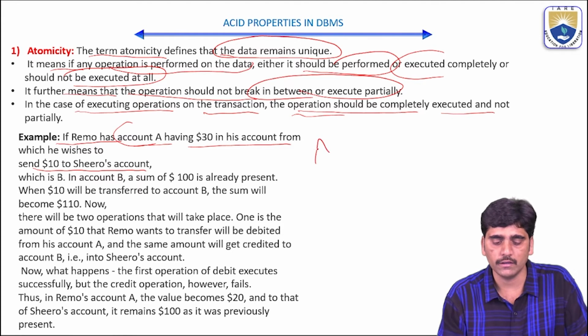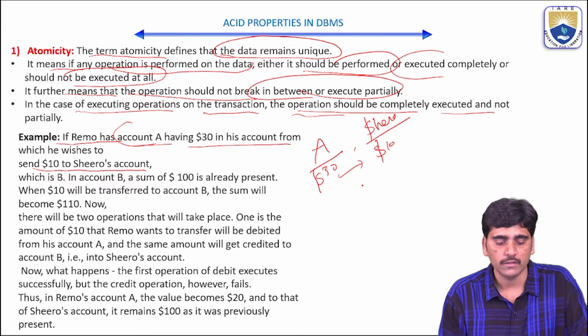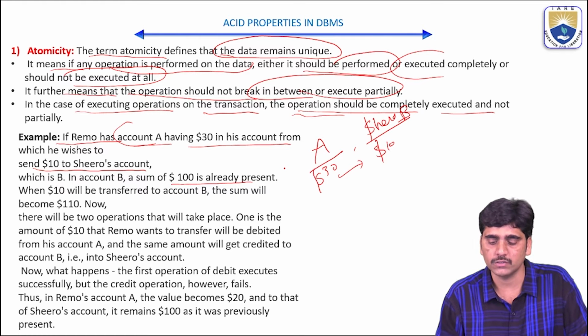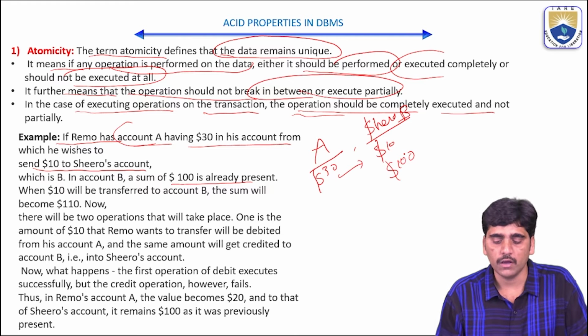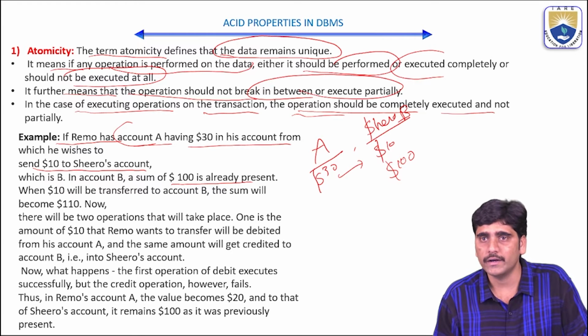So A has $30 and wishes to transfer $10 out of his $30 to account B. In account B, the sum of $100 is already present. So B already has $100. Now he wants to transfer $10 to account B. So A has $30 and B has $100.